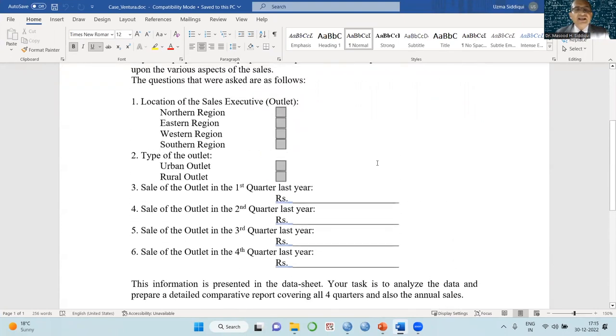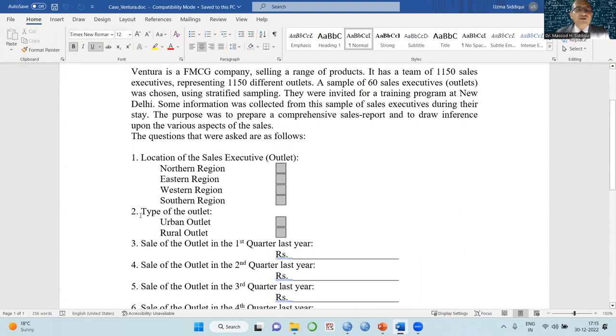In that case, we have already examined whether there is significant difference between types of outlet, between rural outlets and the urban outlet. Now, obviously, one more question arises, that whether the different regions, they are four in number, have significantly same sales or significantly different sales. So now we are covering that part only.